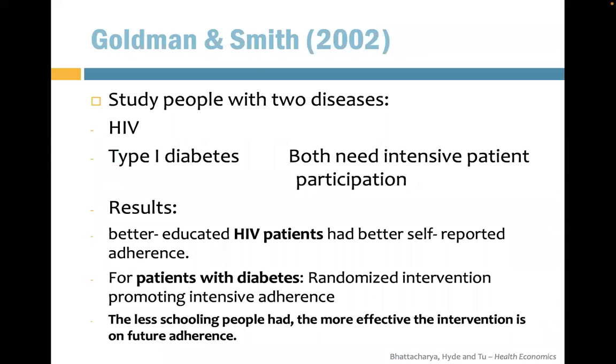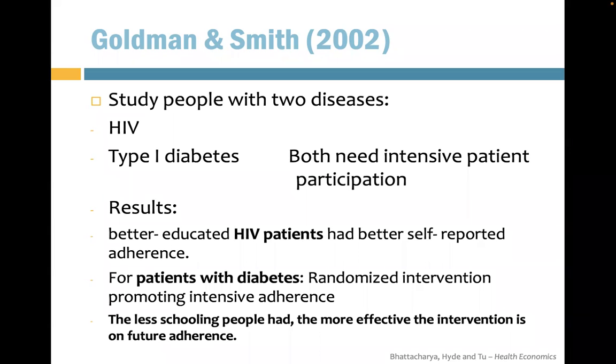Another study looks at people with two diseases, HIV and type 1 diabetes. If someone is diagnosed with these two diseases, then they need very intensive patient participation in order to get the treatment. This study finds that better educated HIV patients had better self-reported adherence.